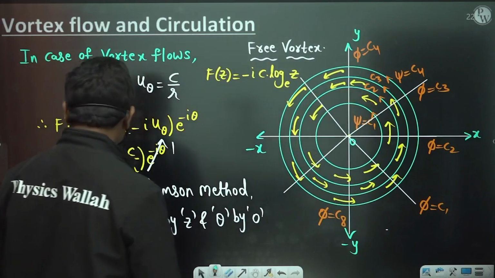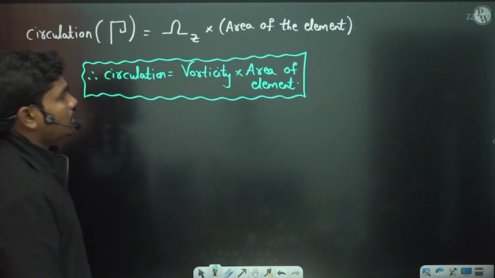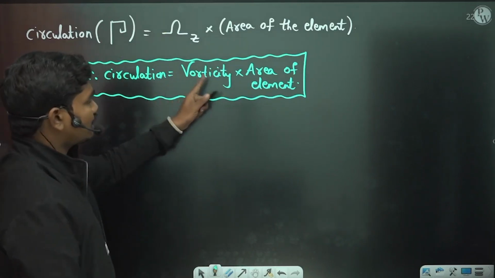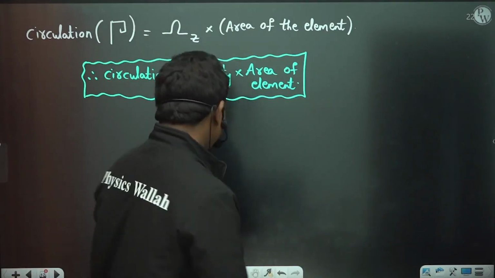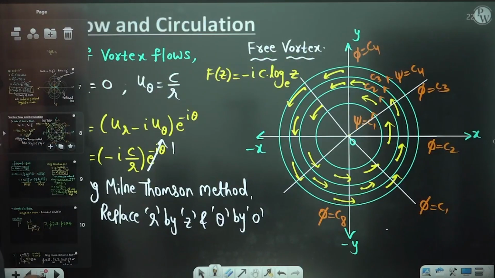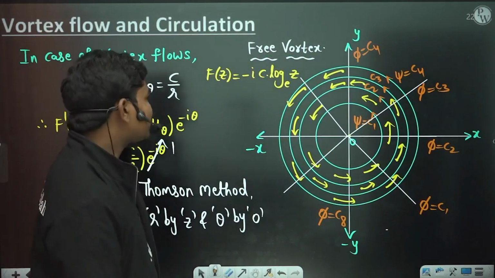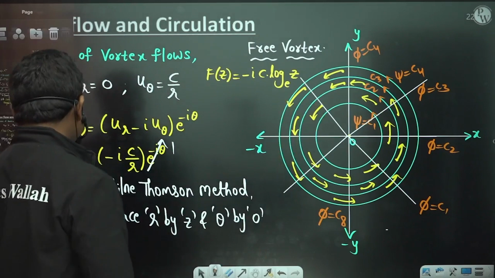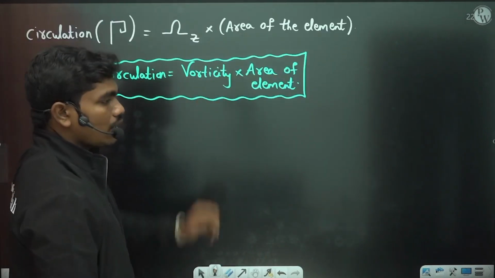So therefore, in this case, circulation is vorticity into area of the element. Now what about that constant c we have seen? This constant c is written as follows. At any given section, for example, the strength of the vortex is given by its circulation, which is vorticity into area of the element.